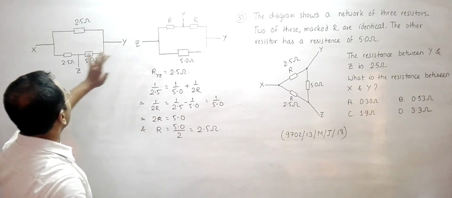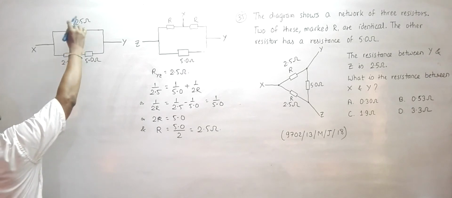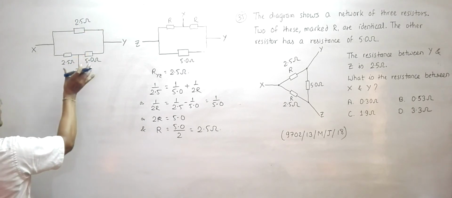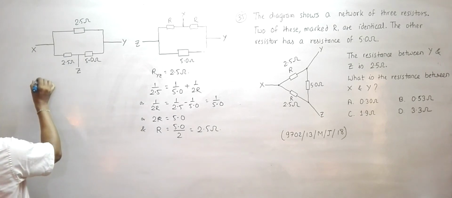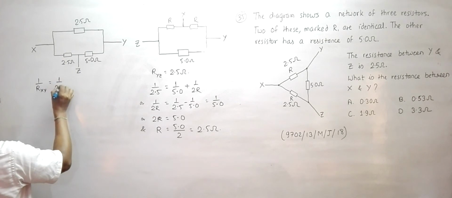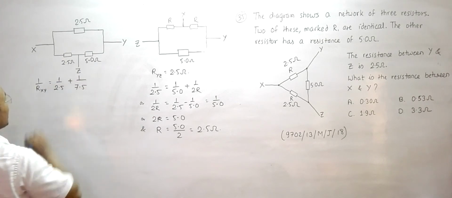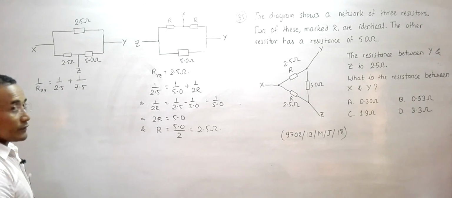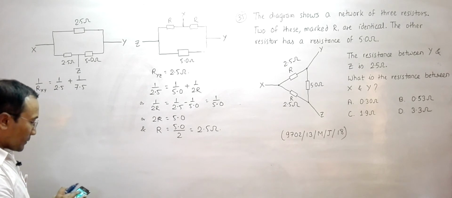So I need to find this RXY. This RXY is the parallel combination of 2.5 and this branch, which is equal to 7.5. So 1 by RXY should be equal to 1 by 2.5 plus 1 by 7.5. Now I have to use the calculator here because it will make things comfortable for me.